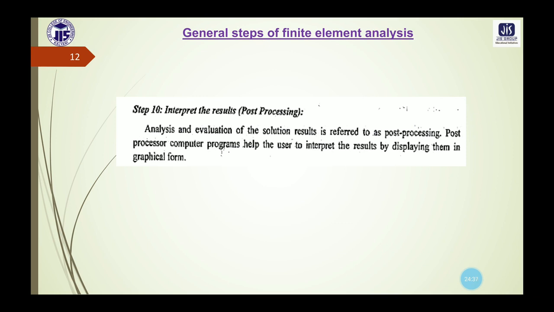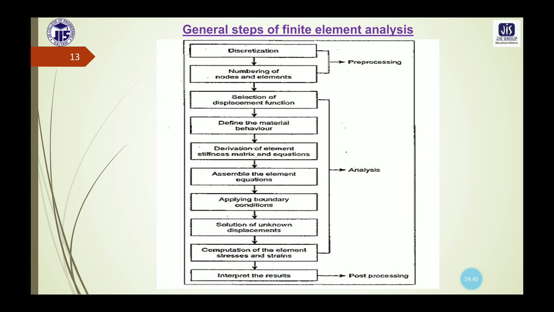In the post-processing step. Now this is the flow chart which is given, and the three main steps are pre-processing, analysis and post-processing. Under these three steps, the total 10 steps are written here in the form of a flowchart, which we just discussed. The first step under pre-processing is the discretization and numbering of nodes and elements.